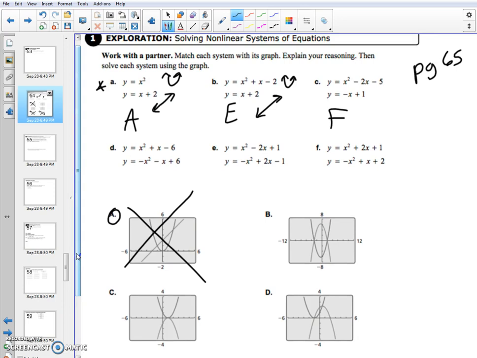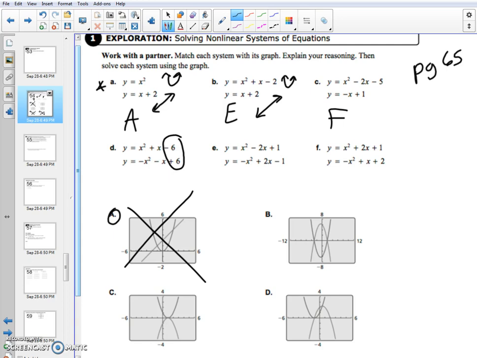All right, the last 3 then are all systems with 2 parabolas in them. And when I look at each of them, I'm looking at the x squared pieces, and they all have 1 positive and 1 negative. So each graph has a parabola that opens up and one that opens down. So that's not going to help me eliminate. What I want to look at, though, is this last piece, the constant. They all have different constants, and what that constant tells me, remember, is the y-intercept.